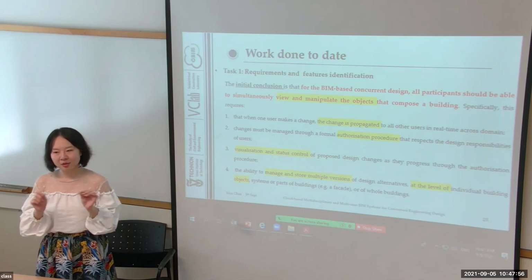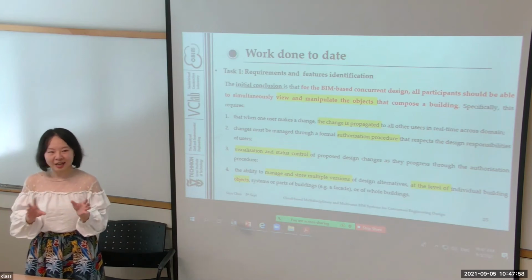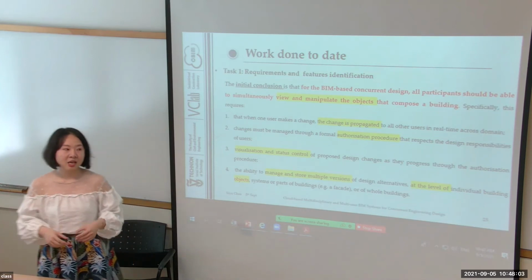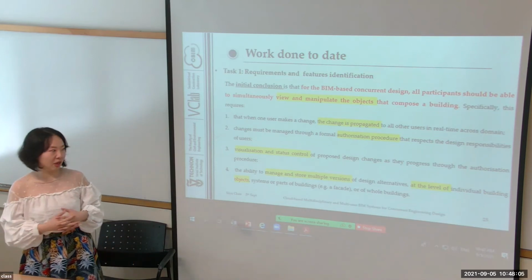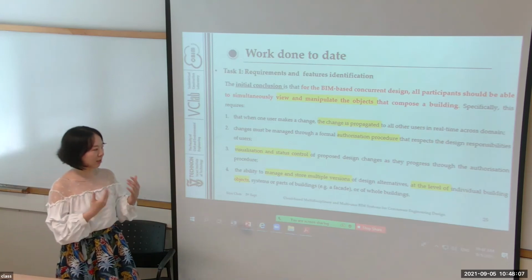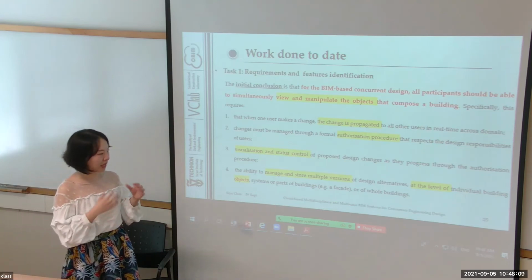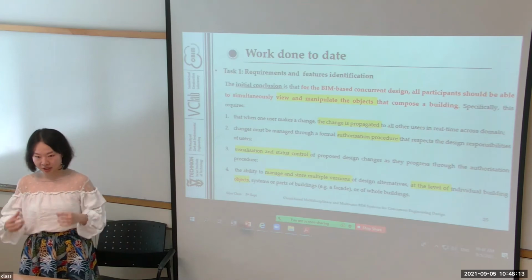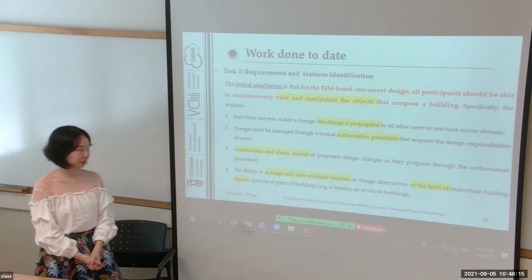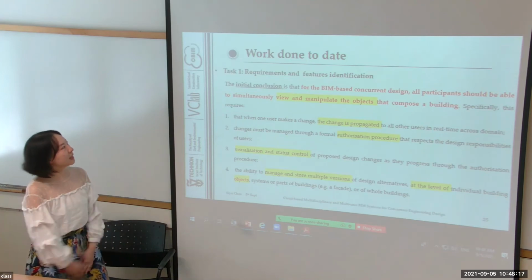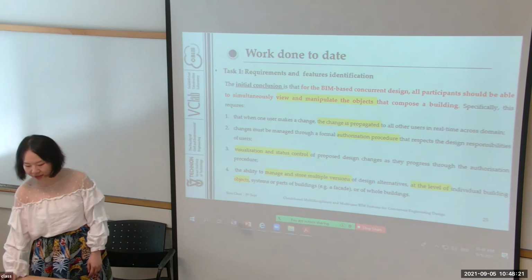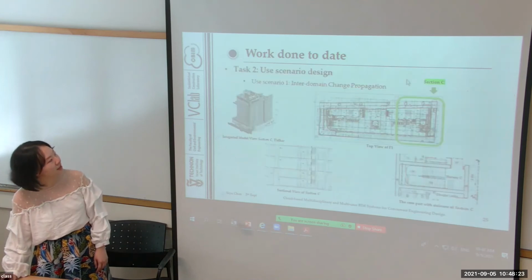That's not that smart, cumbersome, and also resource wasting. So we come up with a platform that enables us to store all the design alternatives in one model. And that's basically my initial requirements for BIM-based concurrent design.